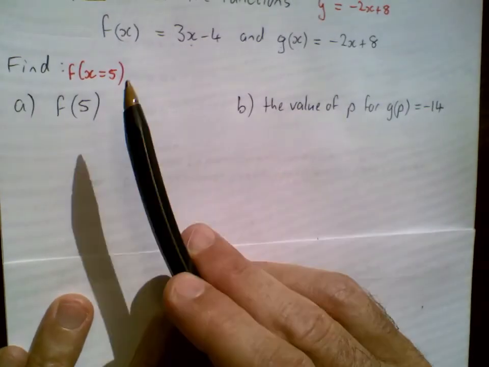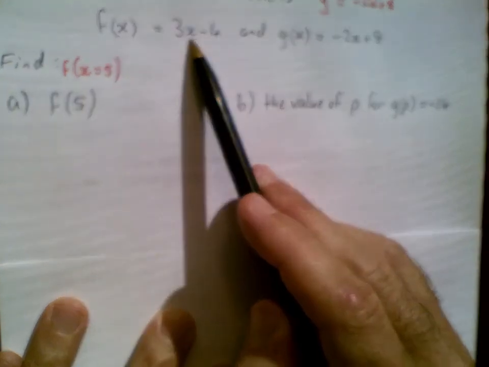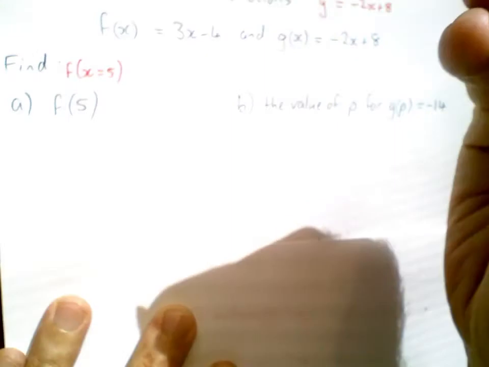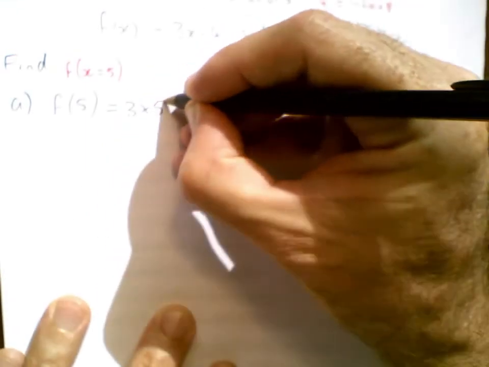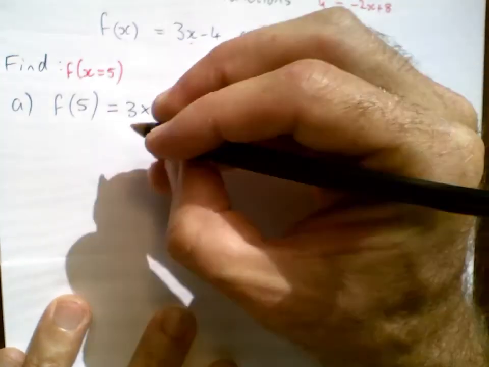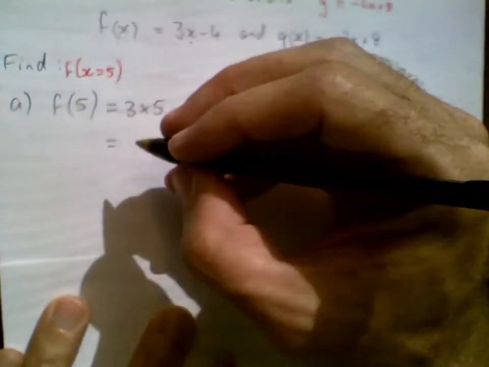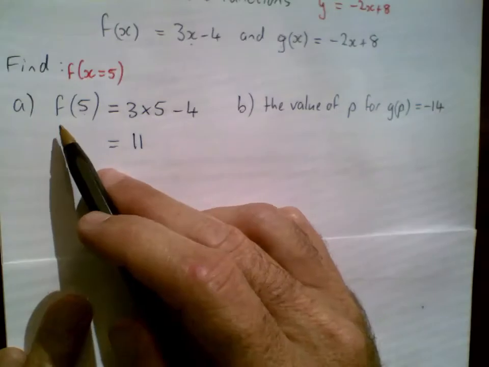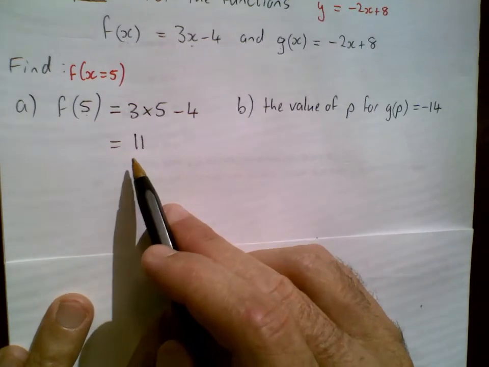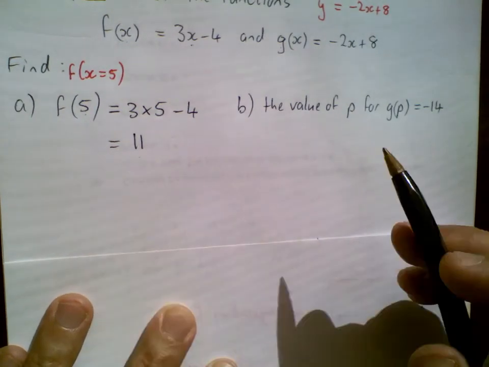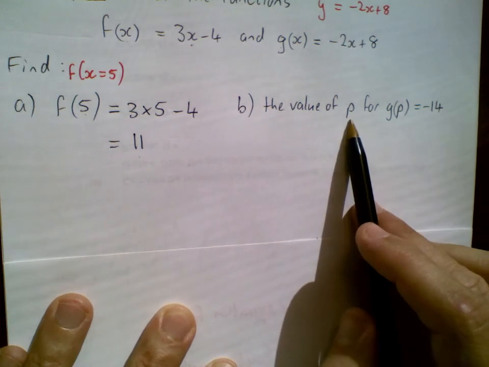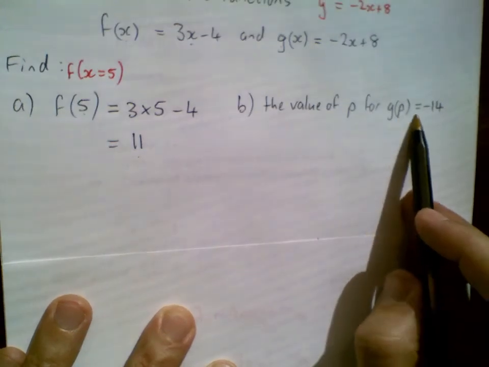We simply substitute x is equal to 5 here. So f of 5 is equal to 3 times 5 take 4, which is 15 take 4, which is 11. In other words, the value of the function when x is equal to 5 is 11.